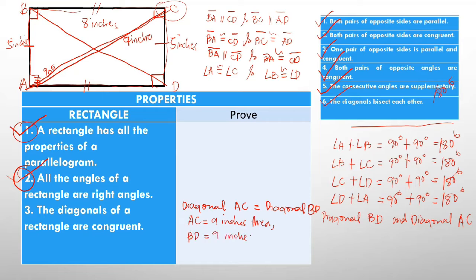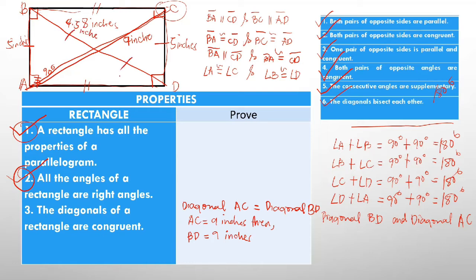Kasi they are congruent. Therefore, kapag bisect natin si BD using the diagonal AC, then this is 4.5 inches. And the other side is also 4.5 inches.